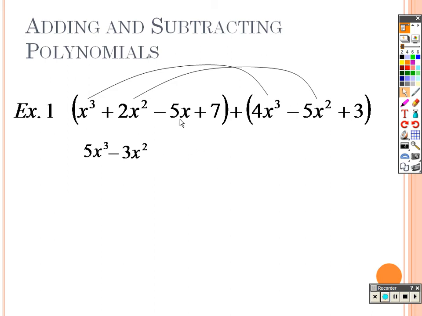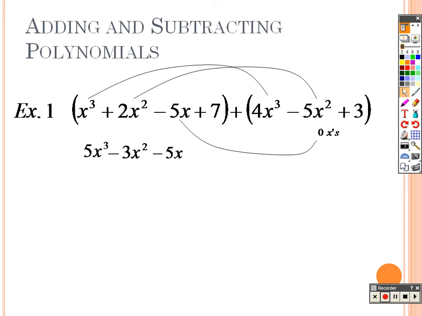Moving on to the x's. I have an x over here. Nope, actually I don't. Okay, so basically what I'm saying is I have negative 5 x's and I have absolutely no other x's. So what's negative 5 x's plus 0 x's? That means I have just the negative 5 x's because there is no x's over there. There's 0 x's, so when you add those you get a negative 5x.